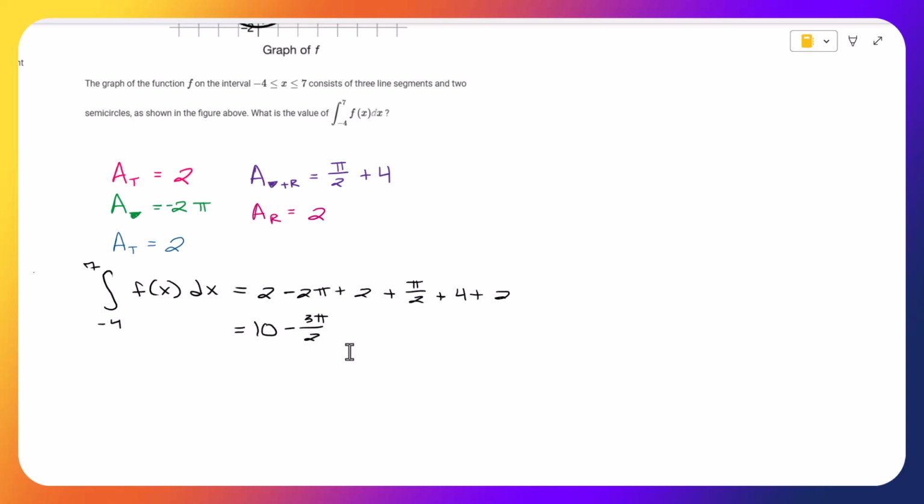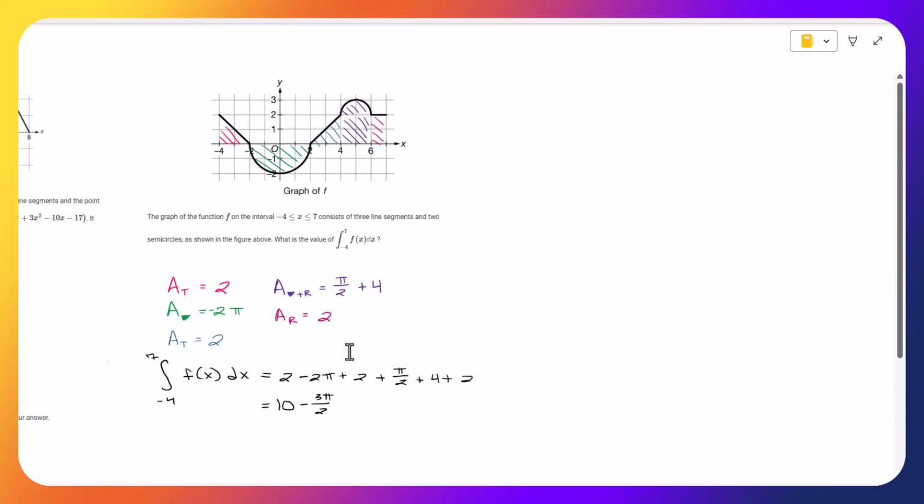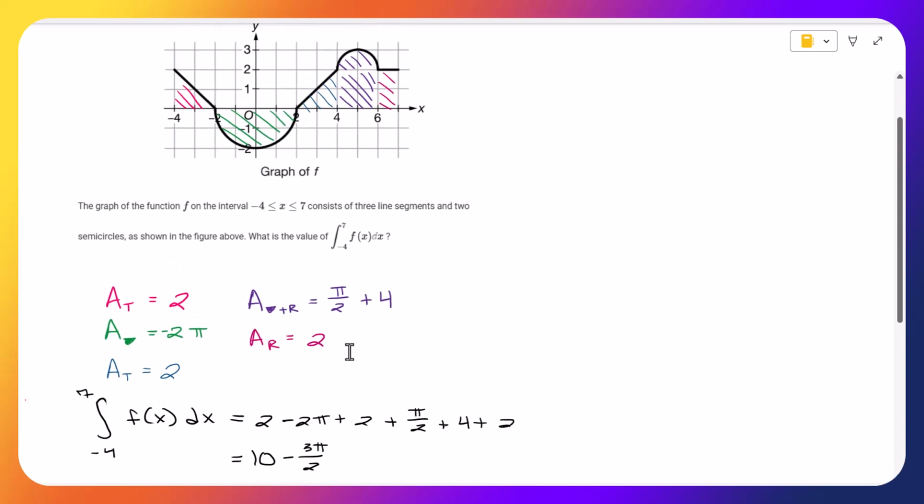And now let's talk about actually what we did, because we applied a property of integrals here, but I didn't tell you that we were doing that. I just said we're finding the area under the curve. But let's look at what we actually did. Well, we found the area of this section here. So we found the integral from negative 4 to negative 2 of f of x dx.